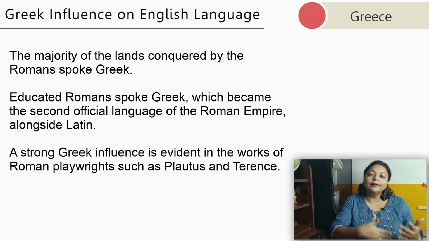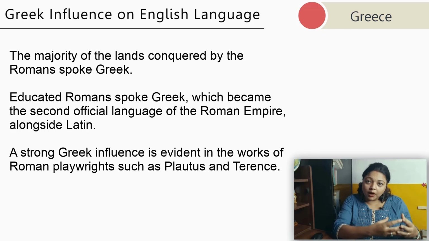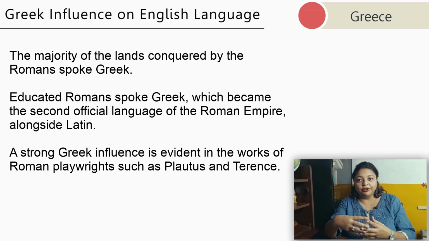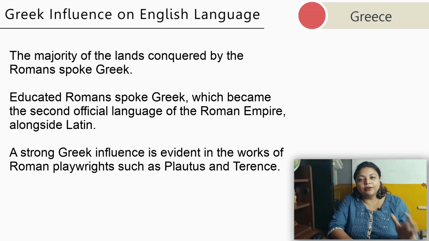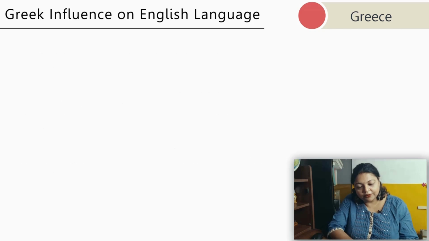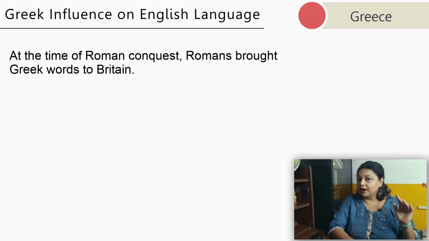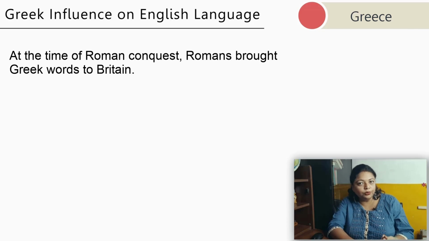So while the Latin influence was taking place in England, Greek words started getting inside the vocabulary of England in a filtered form. So this is the primary way in which the Greek language started influencing the English language. It was not a direct influence like the other influences, but more like a filtered influence, filtered through Latin.